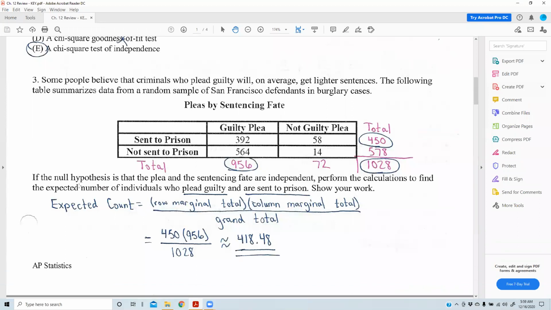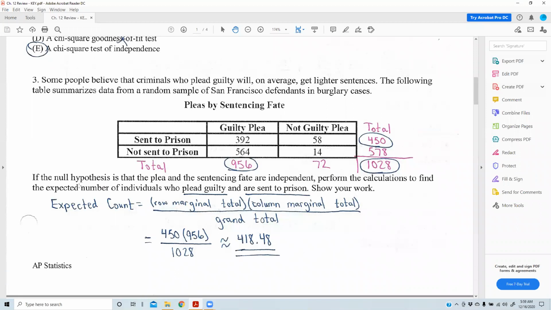Okay, number three. Some people believe that criminals who plead guilty will on average get lighter sentences. The following table summarizes that for a random sample of San Francisco defendants in burglary cases.